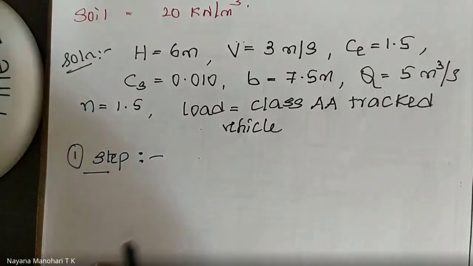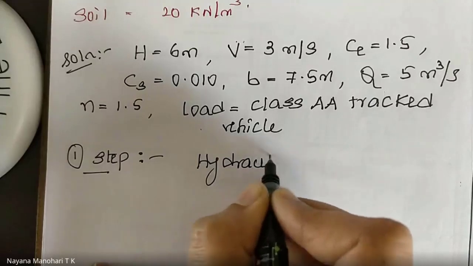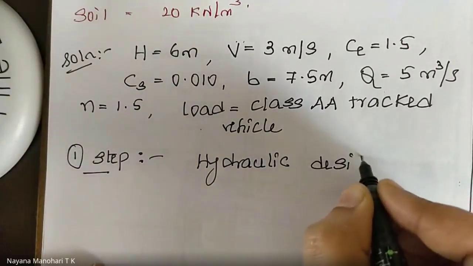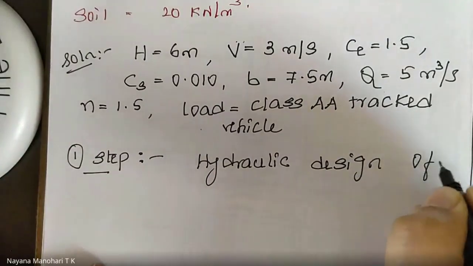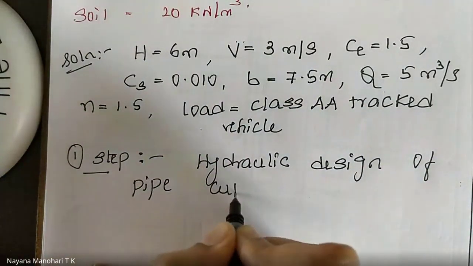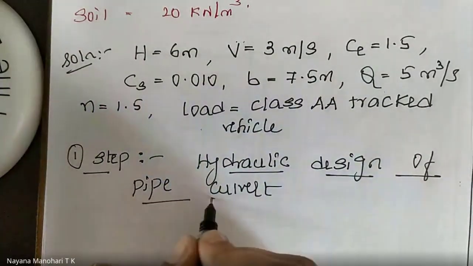The first step is hydraulic design of pipe culvert.